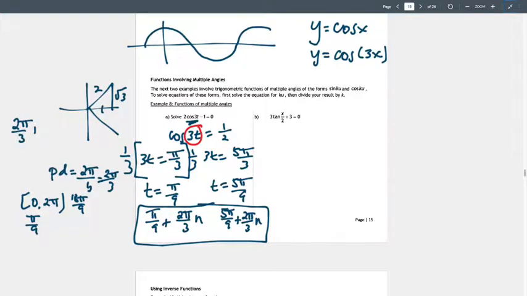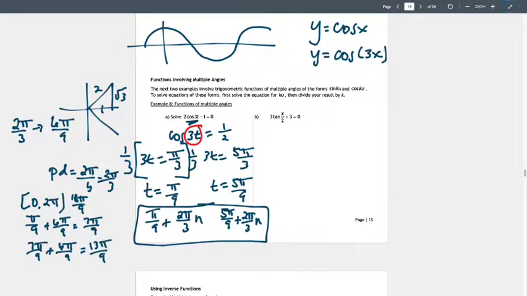I'm sorry, I don't know why I wrote plus. 2 pi over 3 is the same thing as 6 pi over 9, because I'm going to multiply the top and bottom by 3. So you're going to add 6 pi over 9 to this pi over 9 to get 7 pi over 9. And then you'll add 6 pi over 9 to 7 pi over 9 to get 13 pi over 9.